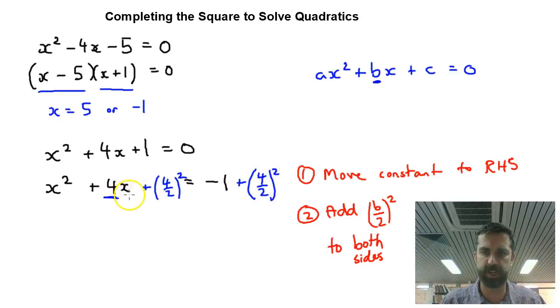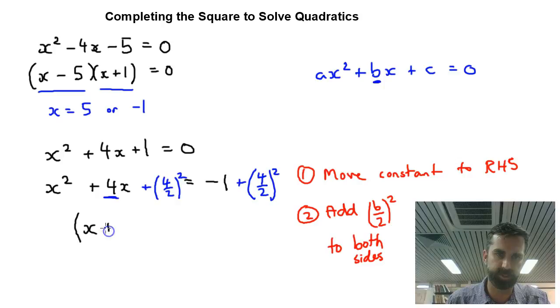Now what this does is it actually forms a perfect square on the left hand side. And what that means, if it's a perfect square, is that we can factorize it as (x plus whatever is in the brackets) squared, which in this case is 2, equals whatever comes out on the right hand side.